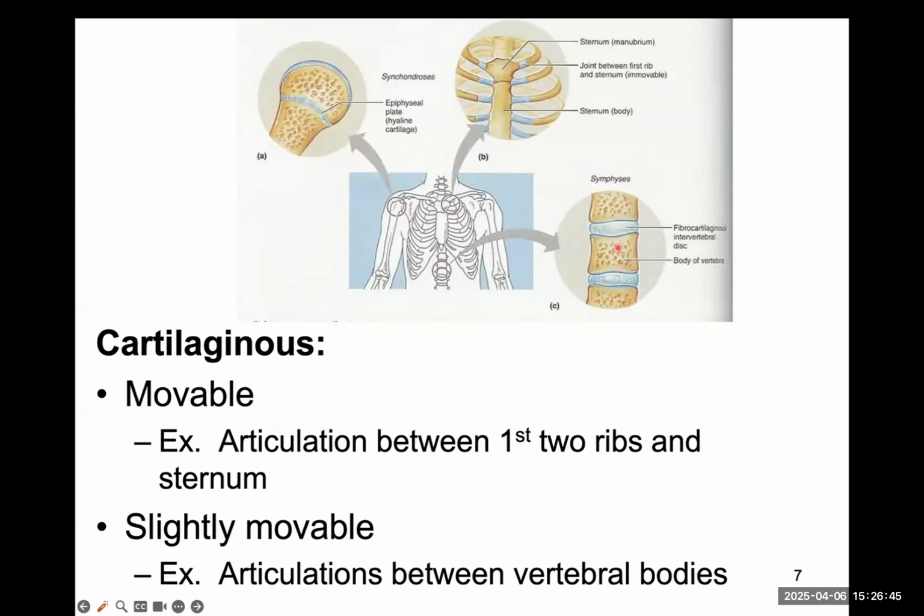And I think I should put a third category here that's immovable, because the growth plate here is not movable, it's immovable. These are movable, and these are slightly movable. So maybe I can write that here.